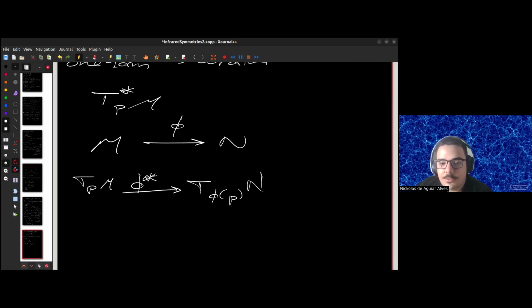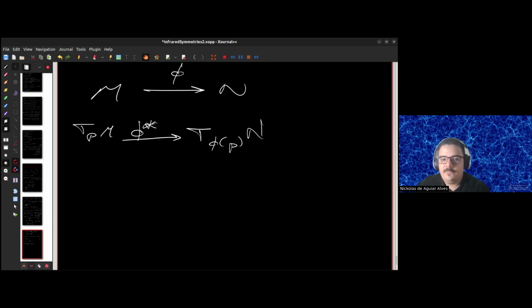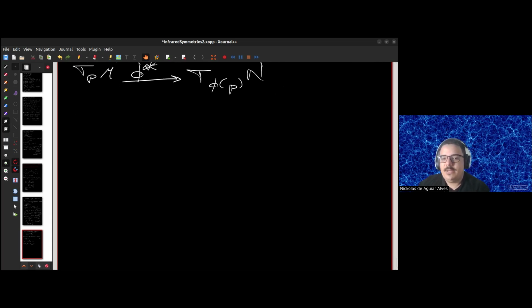When you're considering, for example, calculus in many variables, what you have is precisely something like this. So this would be the manifold analog of, for example, the Jacobian matrix. The Jacobian matrix is the derivative of a map from say R^m to R^n, and here it's the same idea but in manifold language. So this is the idea of the differential, the derivative of this map phi between manifolds.